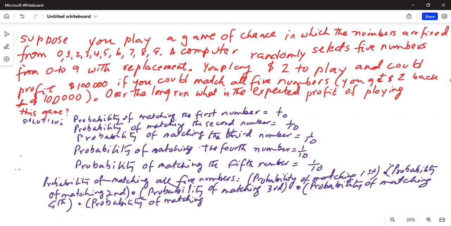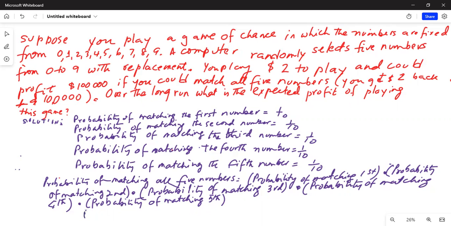Why do the probabilities get multiplied? Because what you drew in the first draw will not influence what the computer will draw in the second draw, will not influence what the computer does on the third draw. So these are all independent events. When we have independent events, the individual probabilities get multiplied.